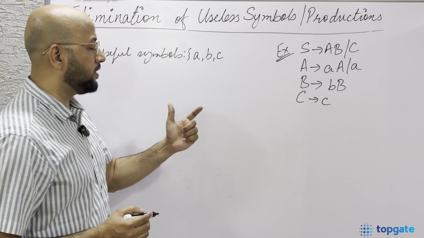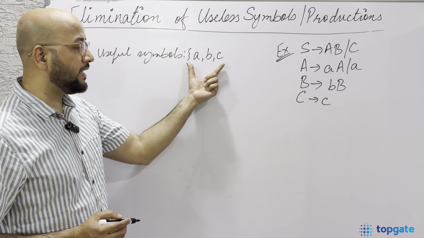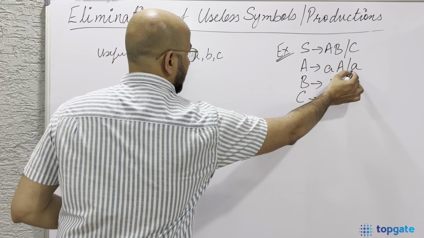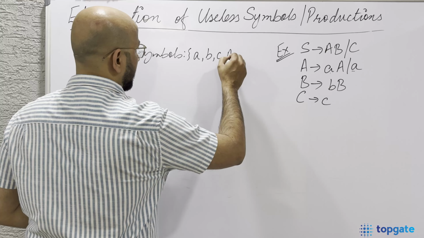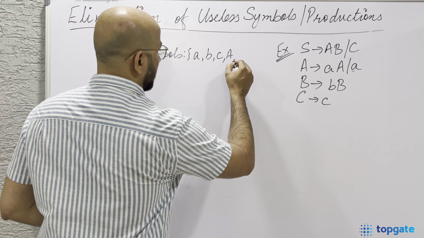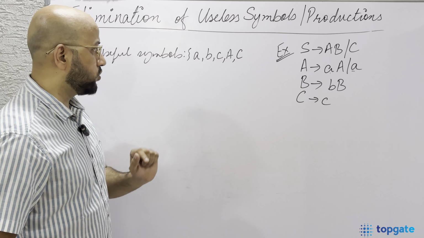Now the second step: I'll see which variables are deriving any combination of a, b, c on their right hand side. We have A deriving small a, so A is again a useful symbol. Similarly we have C, and this C is also deriving a small letter, therefore it is also a useful symbol.